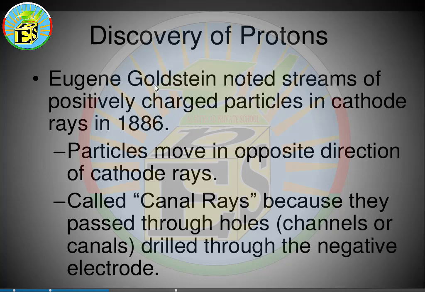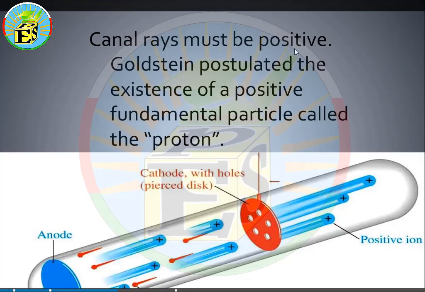Discovery of protons. Goldstein noted streams of positively charged particles in cathode rays in 1886. These particles move in the opposite direction of the cathode ray and are called canal rays, because they pass through holes, channels or canals drilled through the negative electrode. Canal rays must be positive.